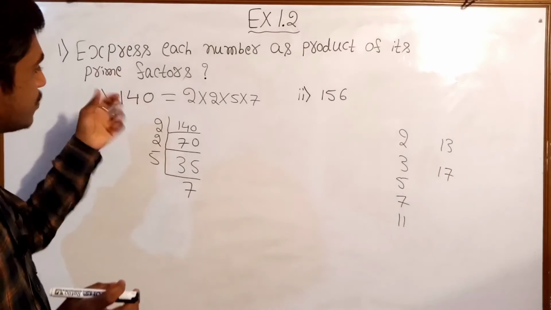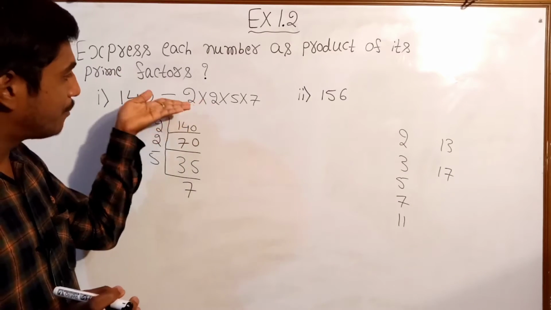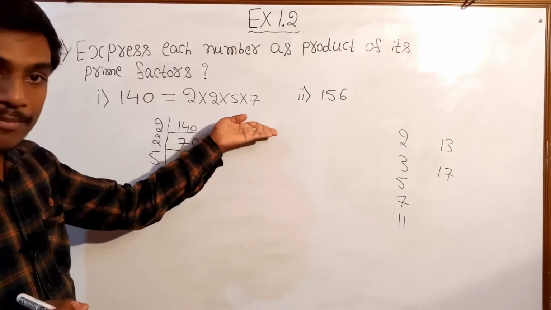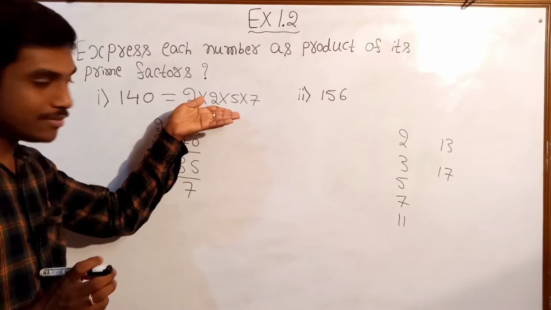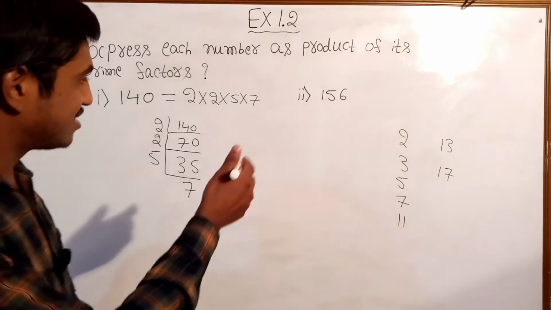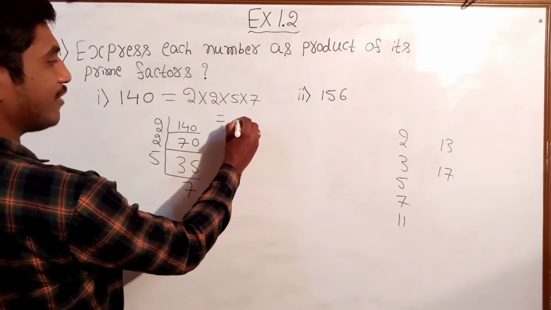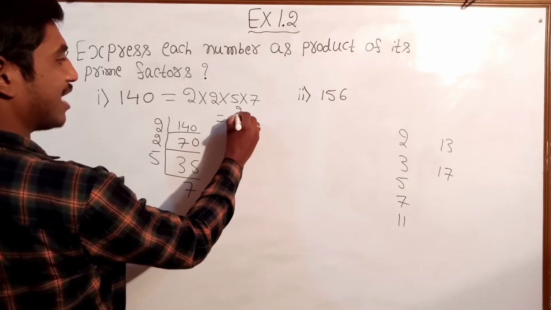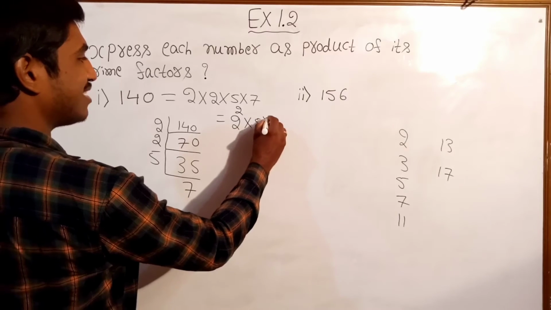That means we have expressed the given number as the product of prime factors. These are our prime numbers. We can also group it and write it in exponential form: 2 square into 5 into 7.